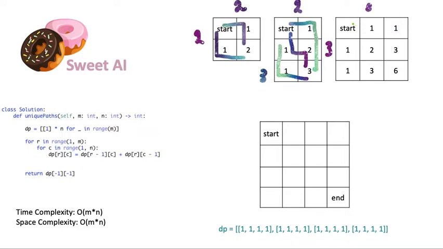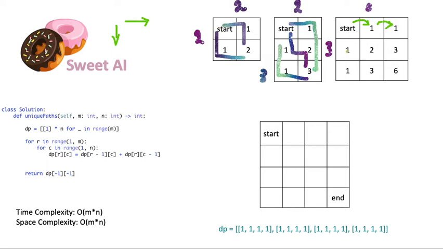If I want to go from this cell to this cell, there is only one path that I can take, because we can go only right and down. We cannot go up or left. So there is only one path from here to here.